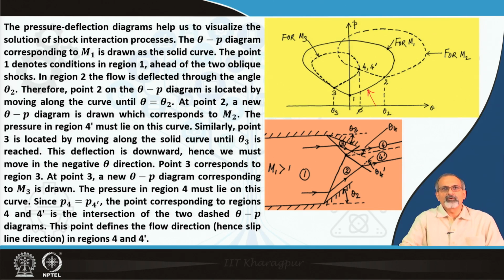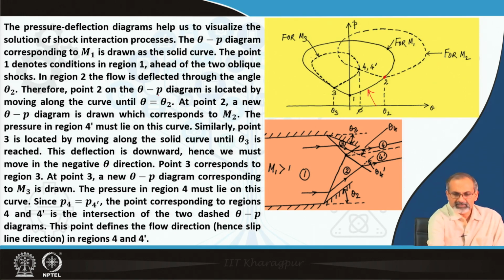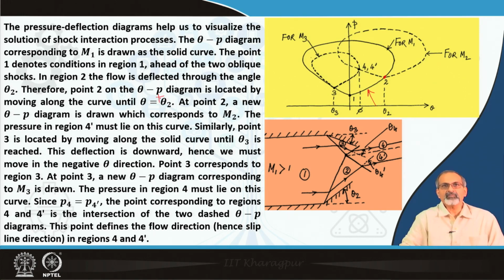In region 2, the flow is deflected through the angle theta 2. Therefore, point 2 on the theta-p diagram is located by moving along the curve until theta is equal to theta 2, and remember that this is a positive angle. At point 2, a new theta-p diagram is drawn which corresponds to M2, because that is the Mach number downstream of the shock.